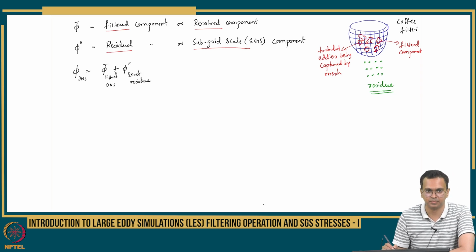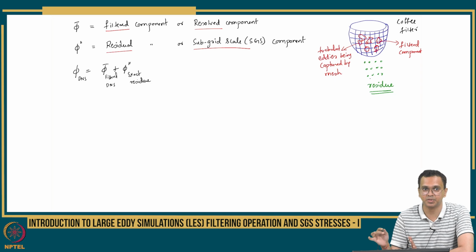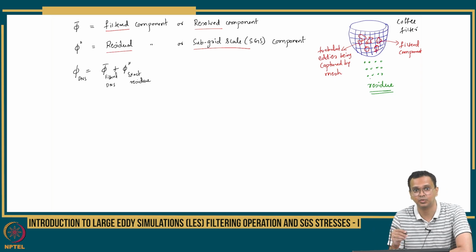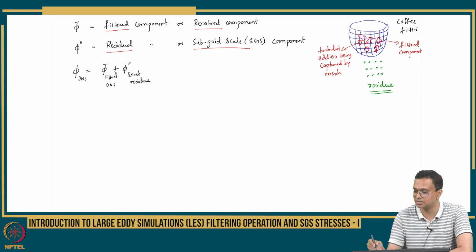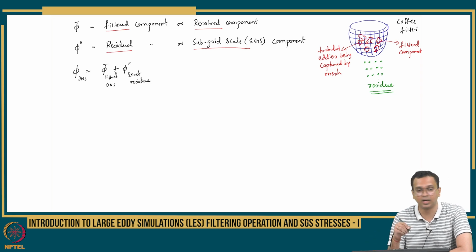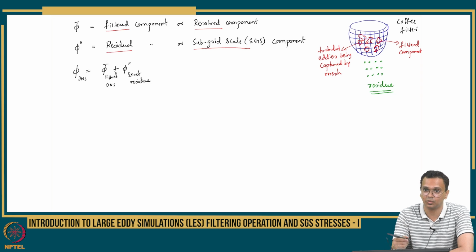You have access to it. But in LES, as I told you, this residue, that is the tiny eddies that are not being captured by your mesh, is modeled. Just like RANS, you have no access to the tiny eddies, these green vortices. You are modeling them. So obviously phi double prime is unknown in LES.